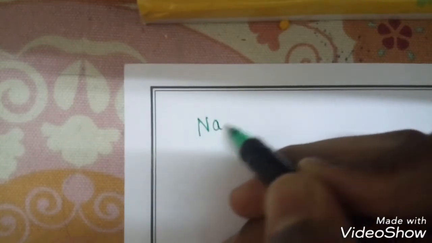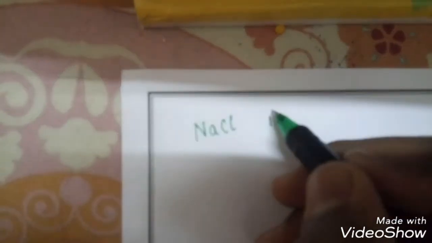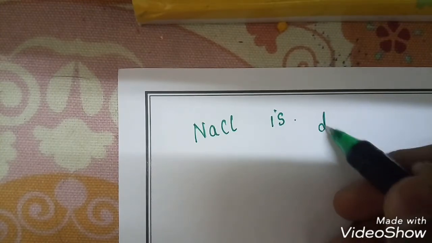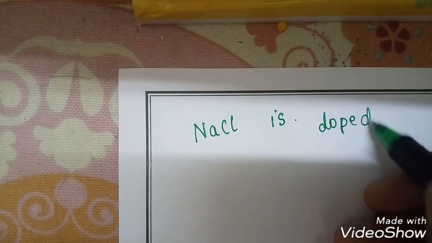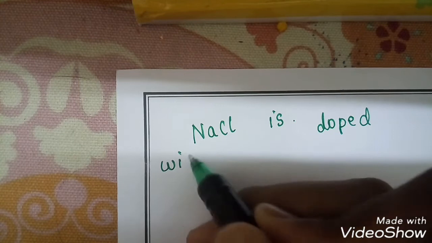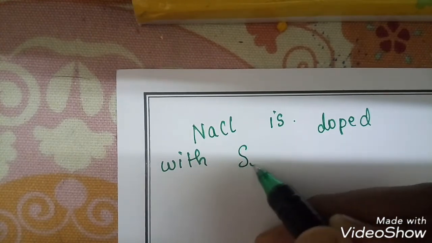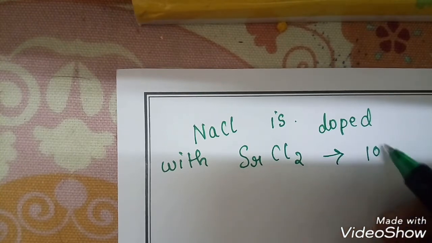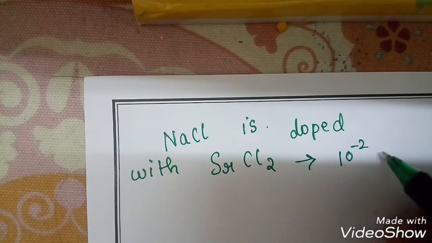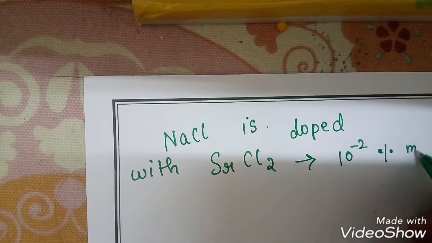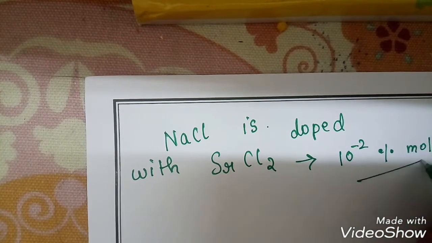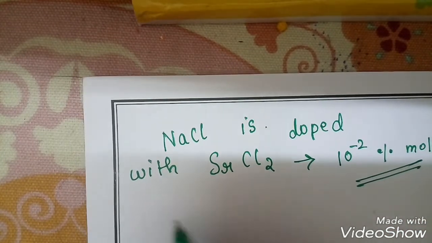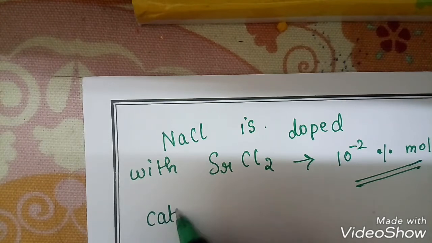The question was: NaCl is doped with strontium dichloride. The concentration was 10 power minus 2 % mole. Now we had to calculate cation vacancies.